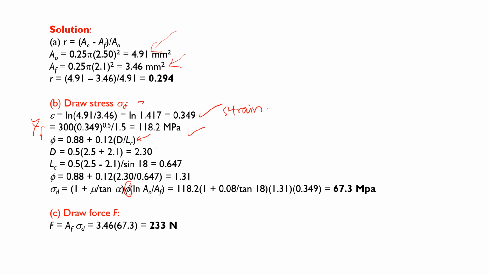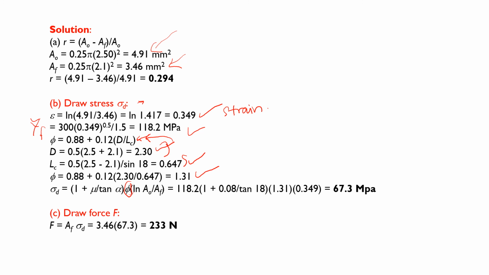Then you will get this value. And LC is 0.5 times the 2.5 minus 2.1 over sine alpha. So alpha is 18 degree. So you'll get this value for the LC. Then you can put these two values inside this equation. Then you will get this value as the answer.